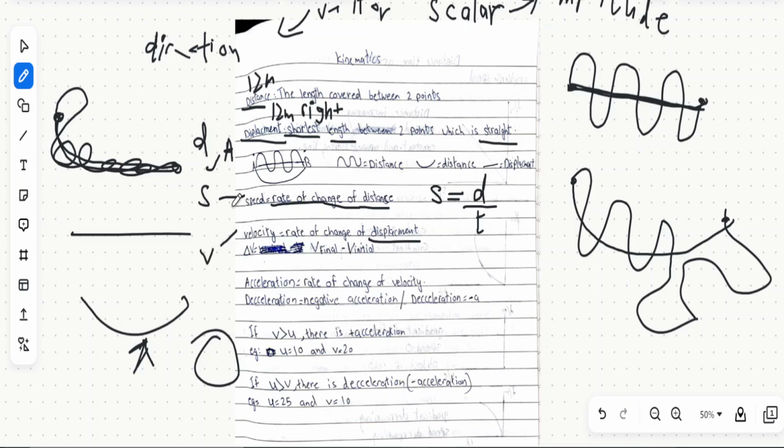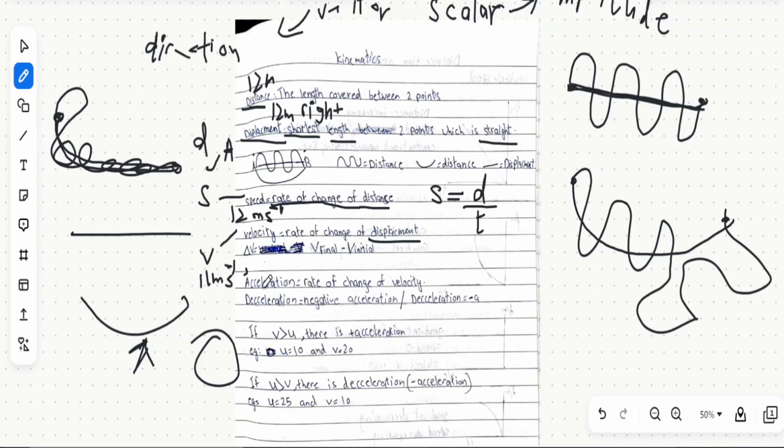Speed is a scalar. So I have to point my direction in velocity as well. For example, I can say my speed is 12 meters per second, but in velocity I have to state 12 meters per second as well as my direction. So direction towards the right, towards the left, any type of direction.